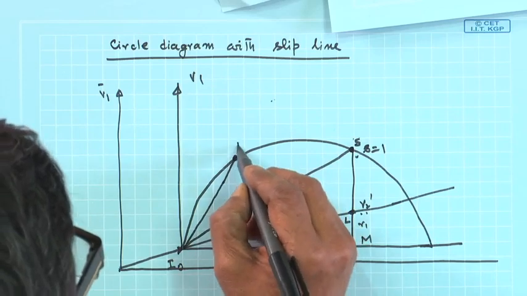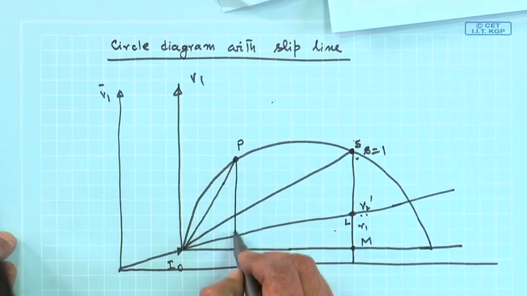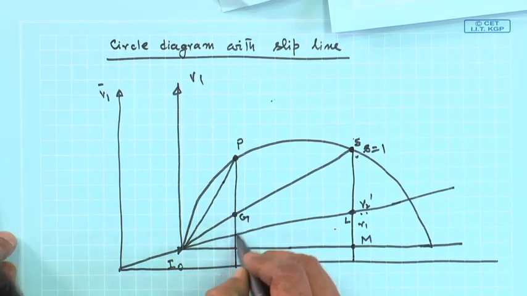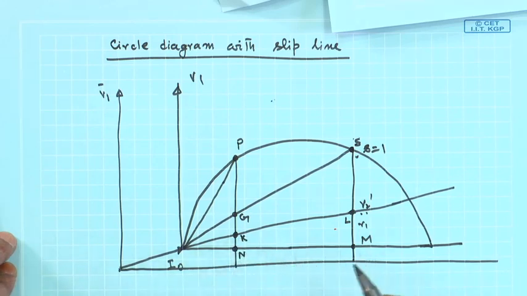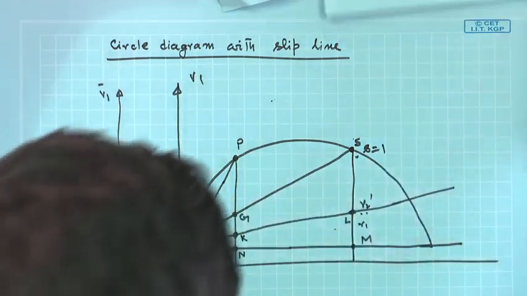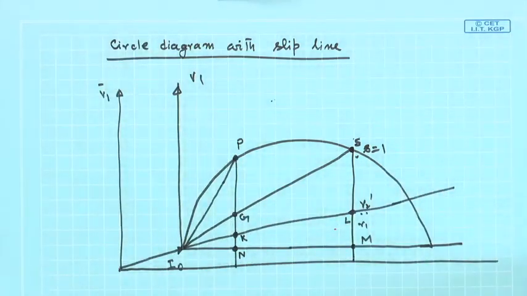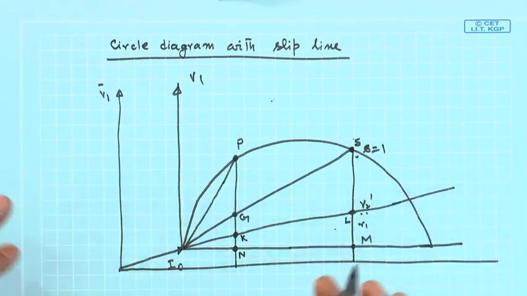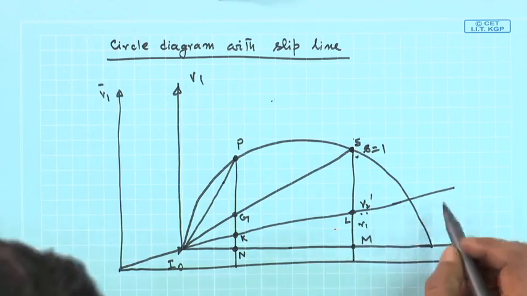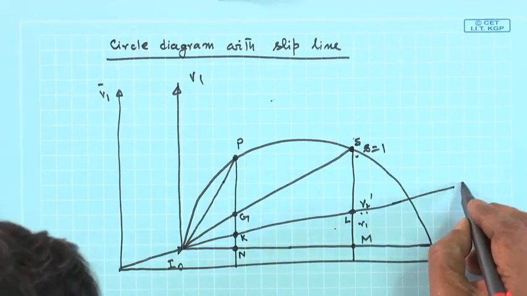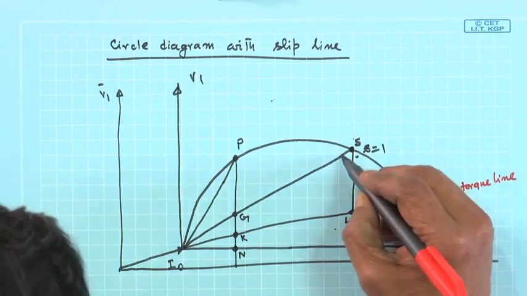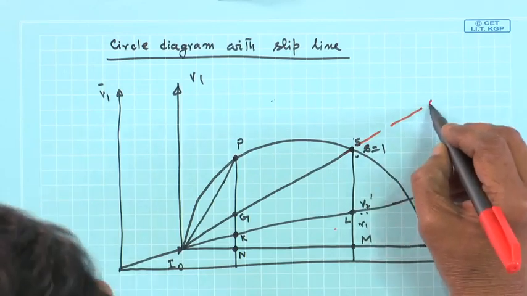Then any operating point, this is P, and drop a perpendicular, and let these points be called G and K. And I know that, which is what I explained. Now, first, at least in the time that is left, I will tell what a slip line is. This line is called the torque line, and this line is called the output line.